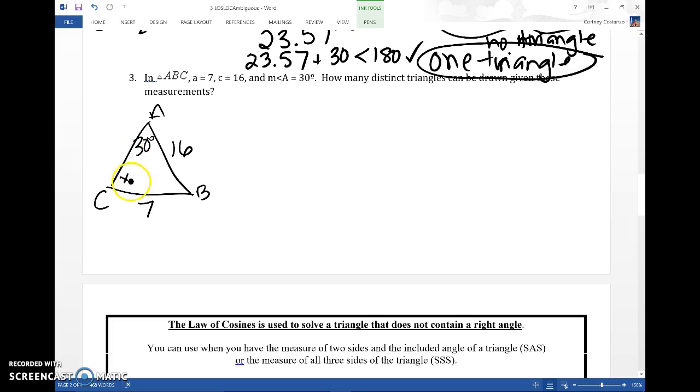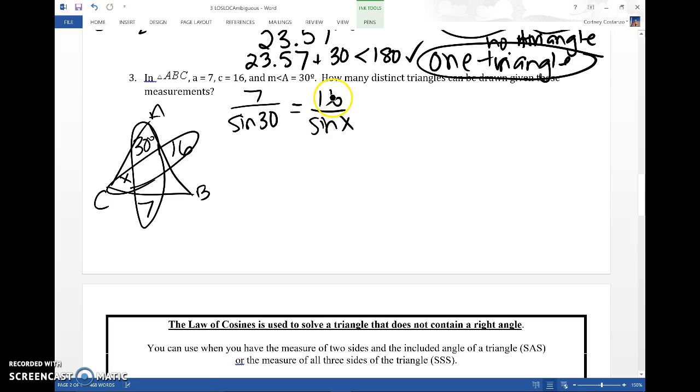C is going to be my angle because that's across from the 16, and I'm going to use the 30 and the 7 because they're across from each other. So 7 is over sine of 30, 16 is over sine of x. I cross multiply, divide, and I end up with sine of x is equal to a positive 1.1428, and it goes on for a while.